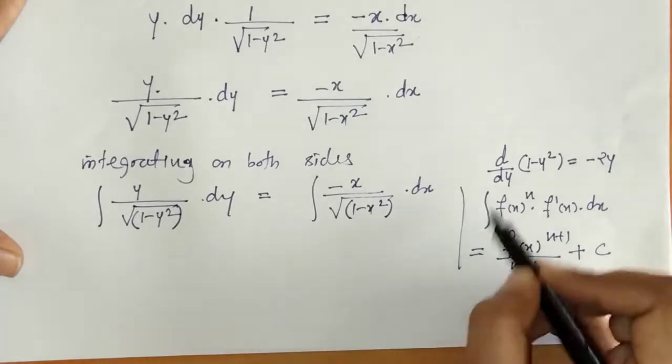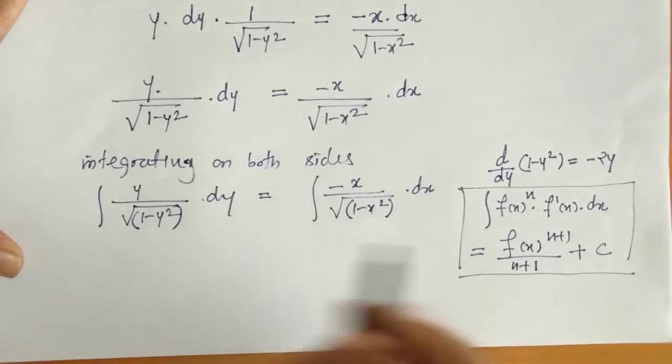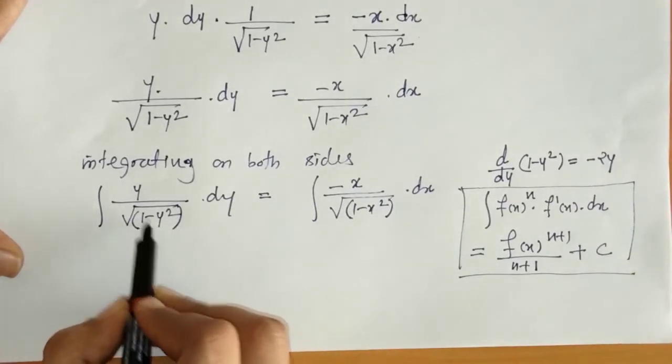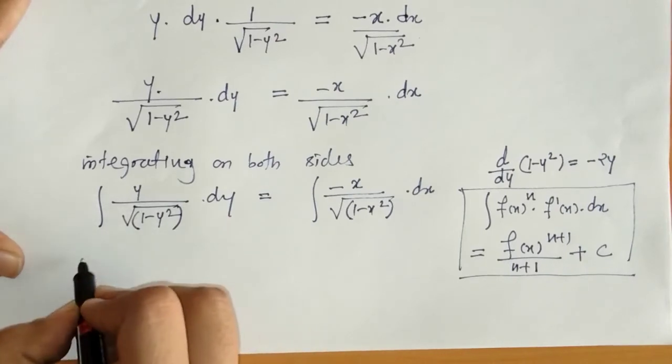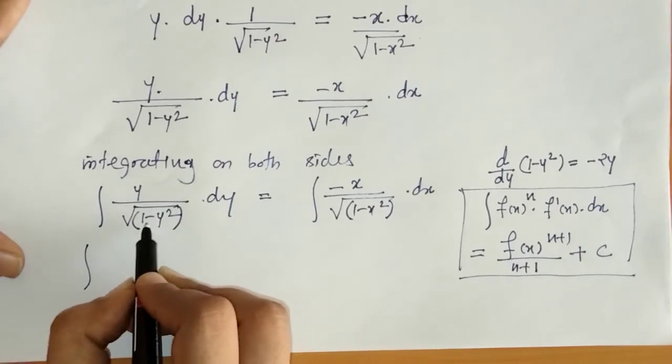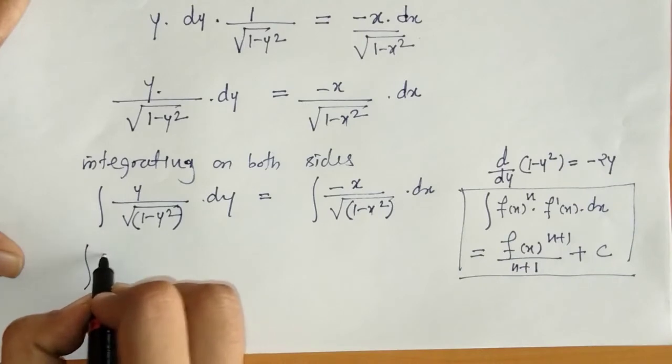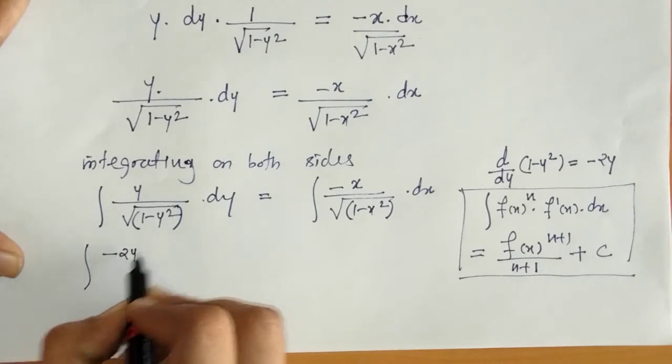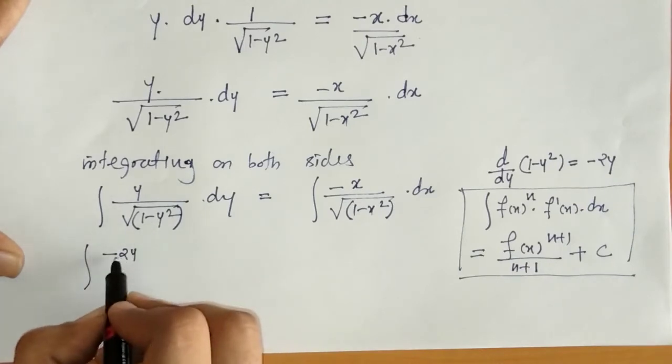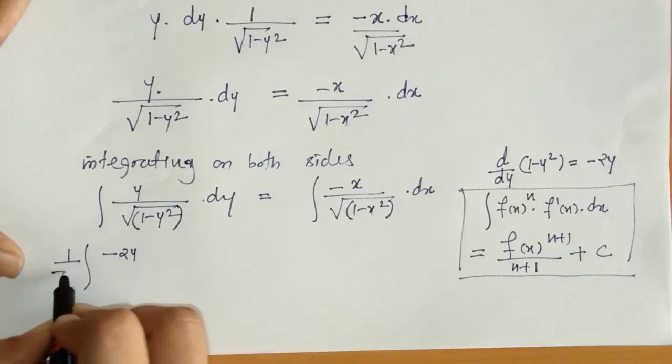So we have to use this result here. We can adjust this function's derivative here. We can write the derivative of 1 minus y square, which is minus 2y, right? So we have to adjust minus 2 here. So we will write down minus 2.